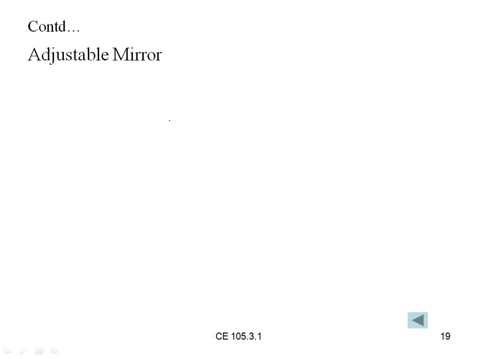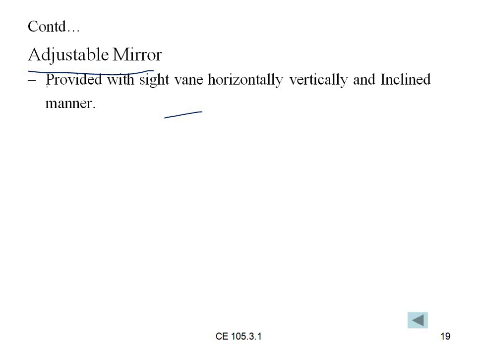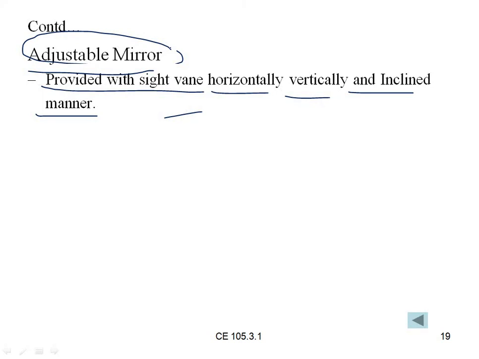So next one is the adjustable mirror. It is provided with the sight vane horizontally, vertically and in an inclined manner. So see, this is an adjustable mirror, that's why we are saying so. It can be adjusted whether horizontal, vertical or inclined. So next one is the brake pin.